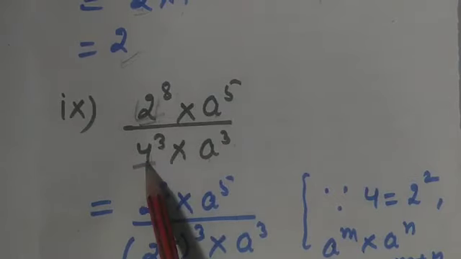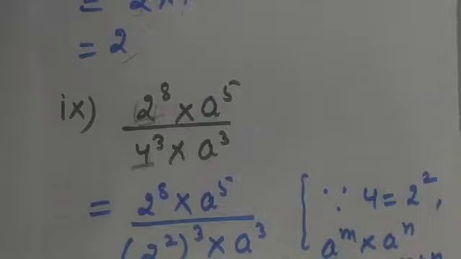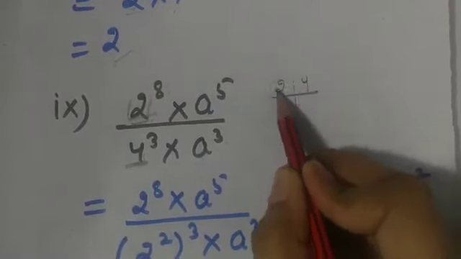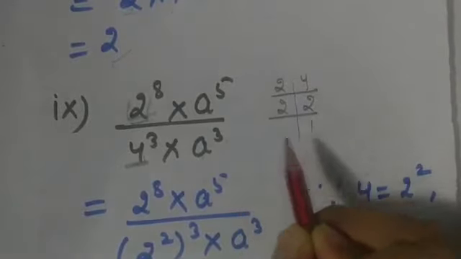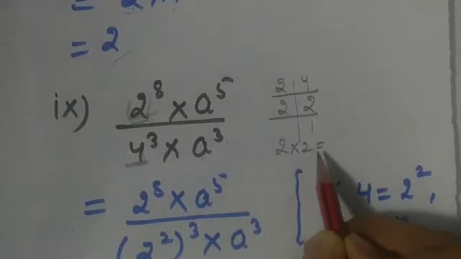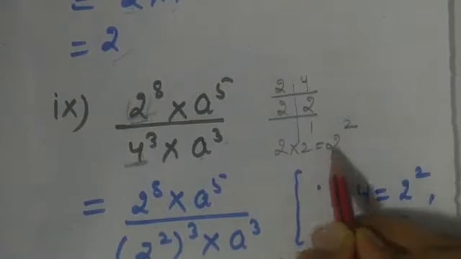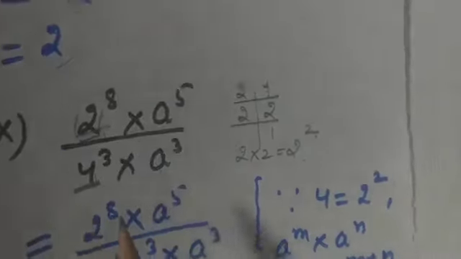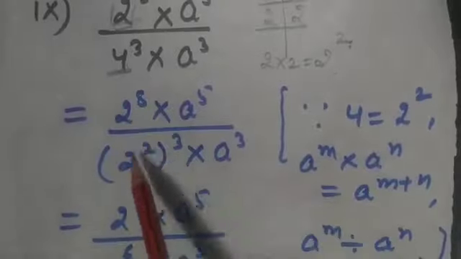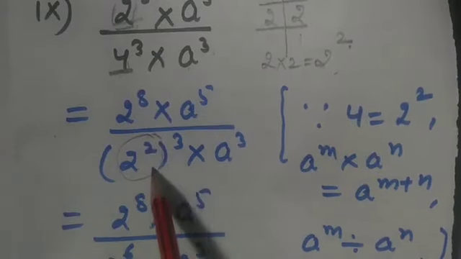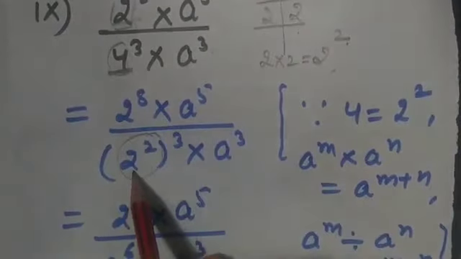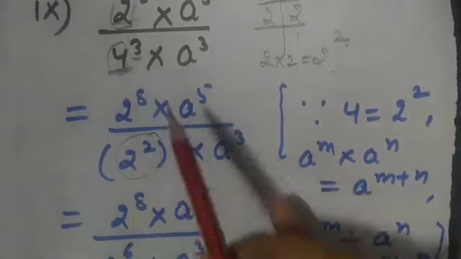So how will you write 4 in powers of prime? For that I have to take the prime factorization of 4. That is 2 into 2, and 2 into 2 can be written as 2 raised to the power 2, that is 2 square. So in the denominator, in place of 4 I can write 2 raised to the power 2.